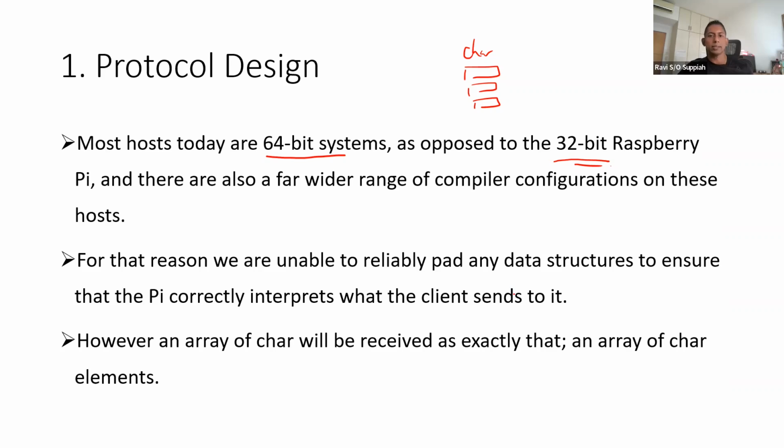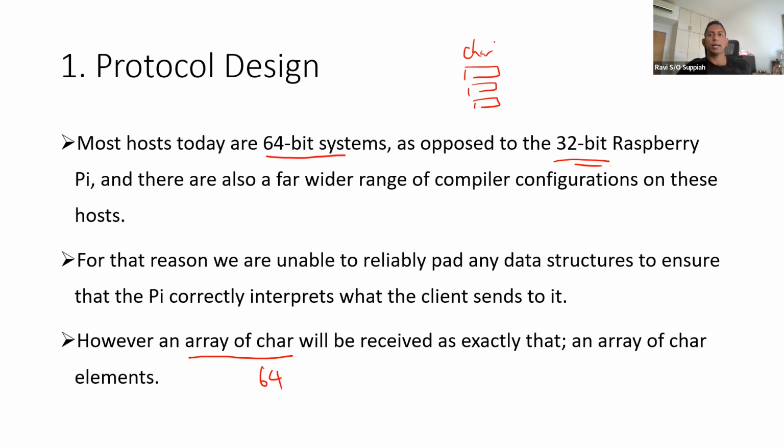Instead of a data structure approach, if I deal with everything as an array of characters, then it is always consistent, because an array of characters will always be an array of characters. The number of bytes will always be the same. If I declare an array of character size 64, there will always be 64 elements inside, and all of them will be the size of a character.